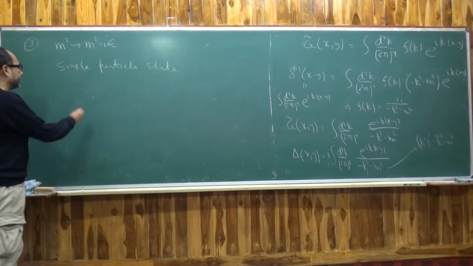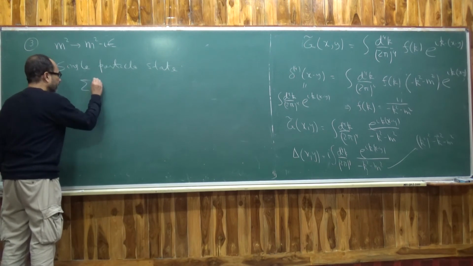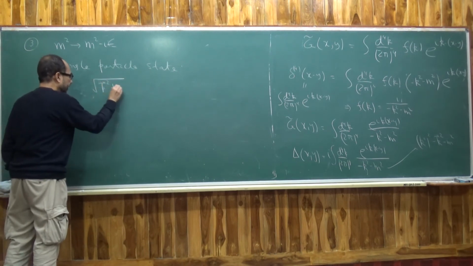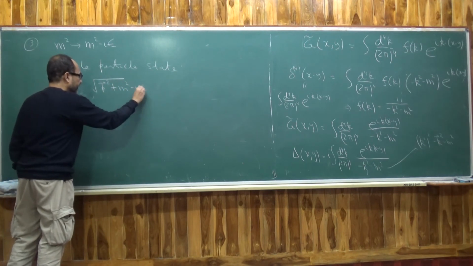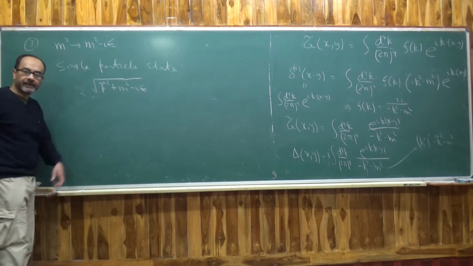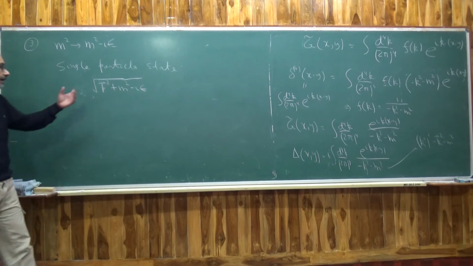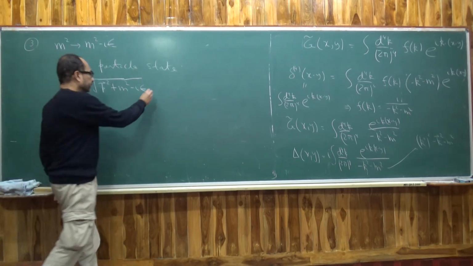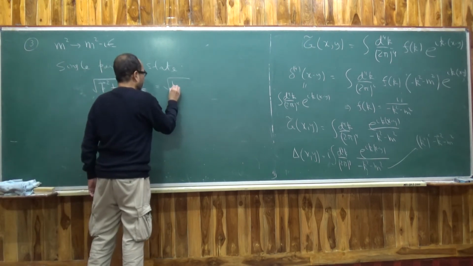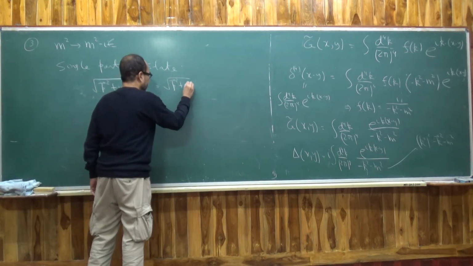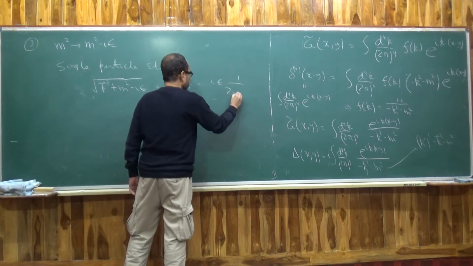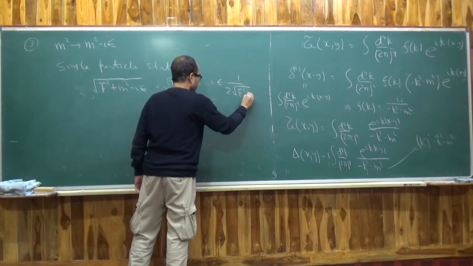Single particle states will have energy square root of p square plus m square minus I epsilon, if it carries momentum p. Multi-particle states will just be additions of terms like this.